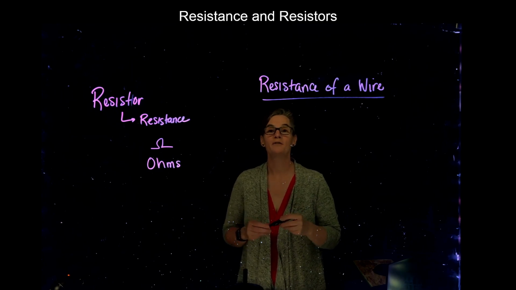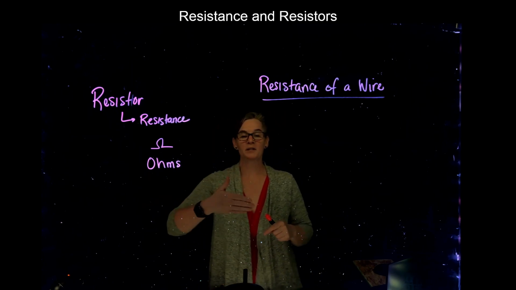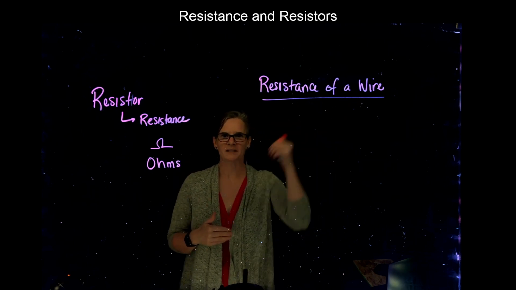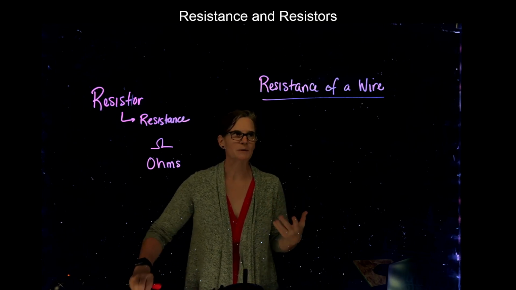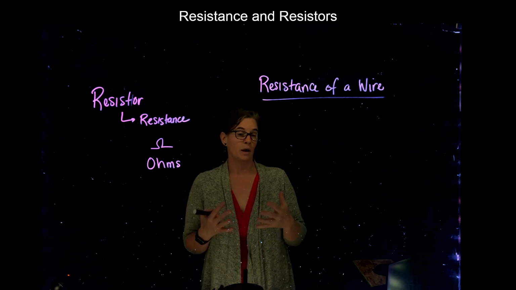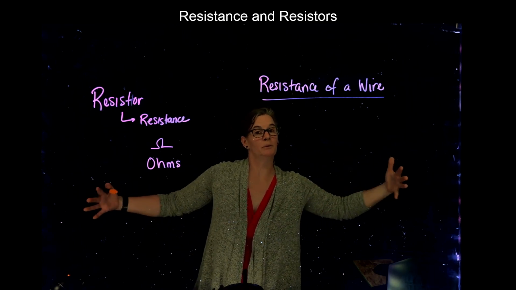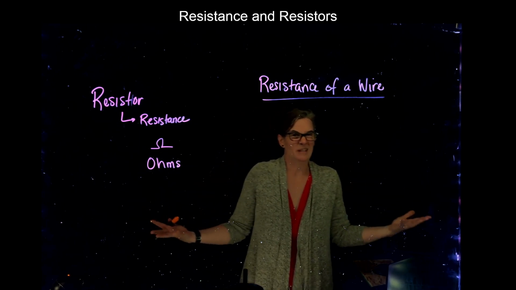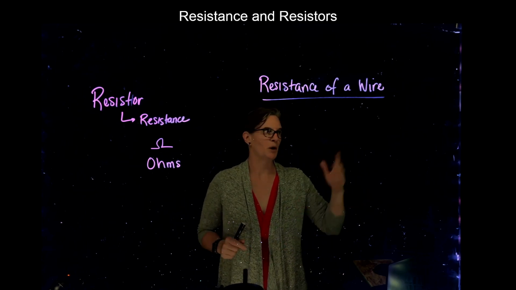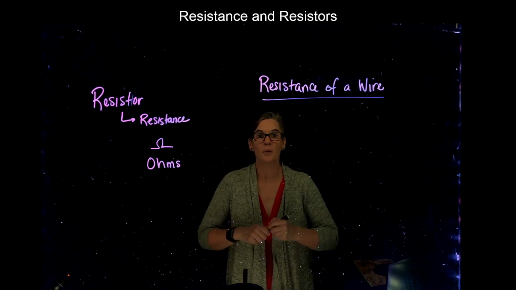You get to the party and you want to flow from the front door all the way to the back door. What might influence how easy it is for you to flow through that party? Well, if the house is really long, do you experience more resistance or less? You're going to experience more resistance.